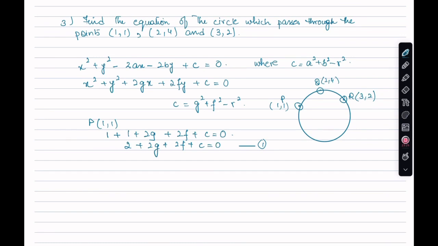In the same manner, I will substitute Q also in the equation with coordinates 2 comma 4, so that I can say 2 the whole square plus 4 the whole square plus 2g into 2 plus 2f into 4 plus c, which is equal to 0.